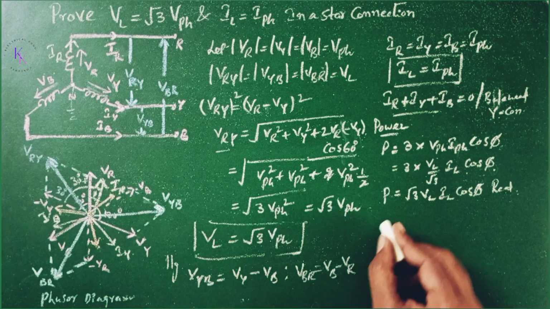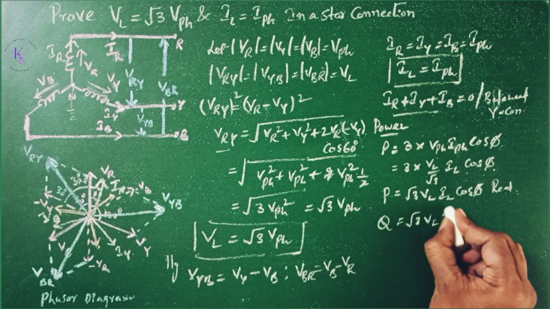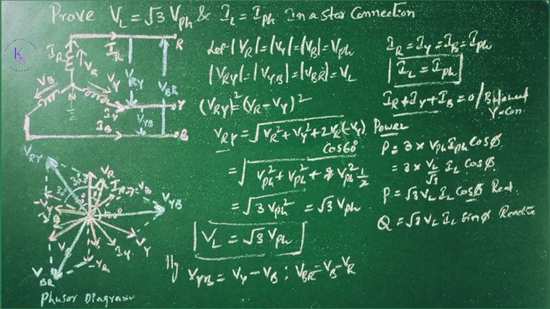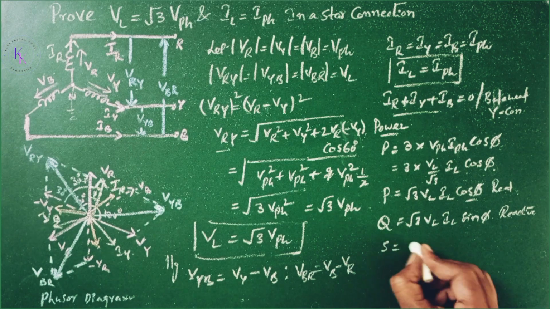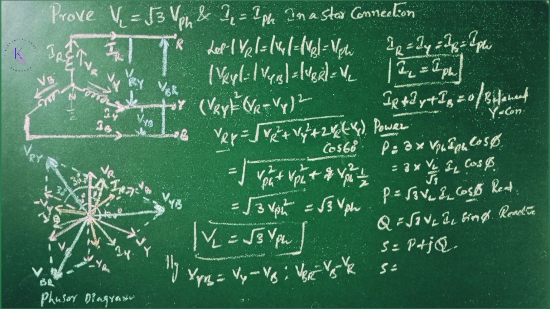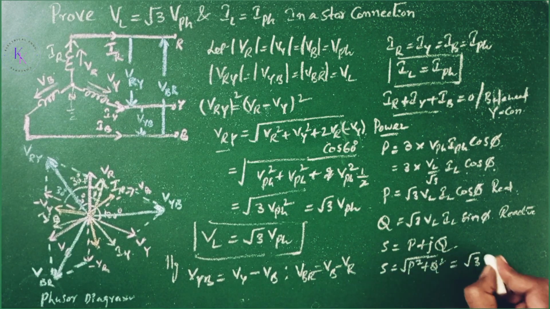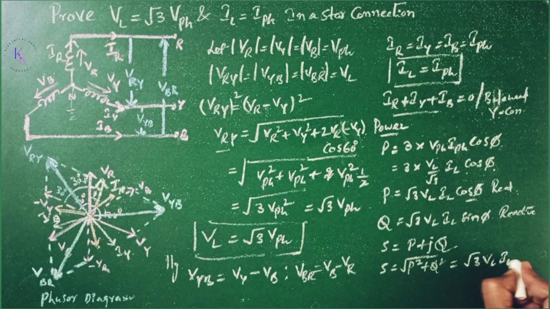The total reactive power Q is given by root 3 times VL IL sin phi. Then the total apparent power or complex power is S equals P plus jQ. Then S equals root of P square plus Q square, which is root 3 times VL IL.